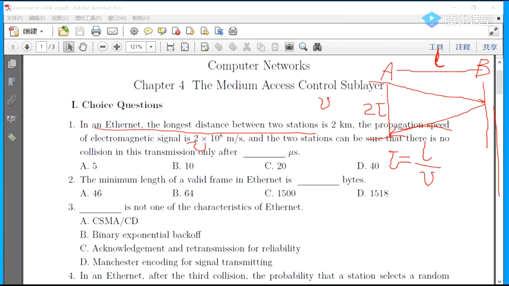Then the two stations can be sure there is no collision only after 2 tau.